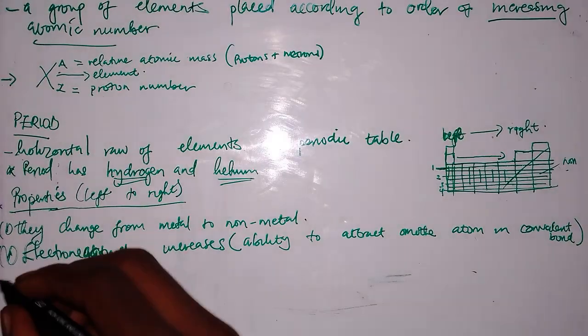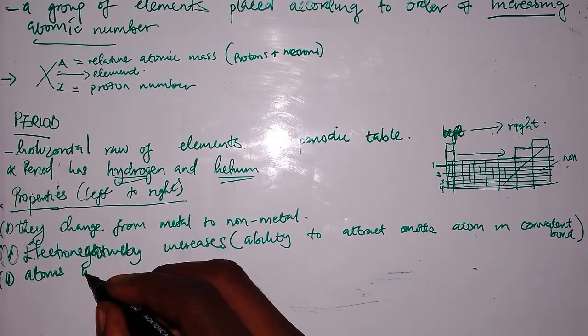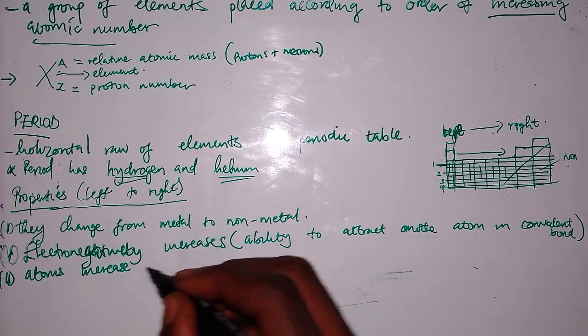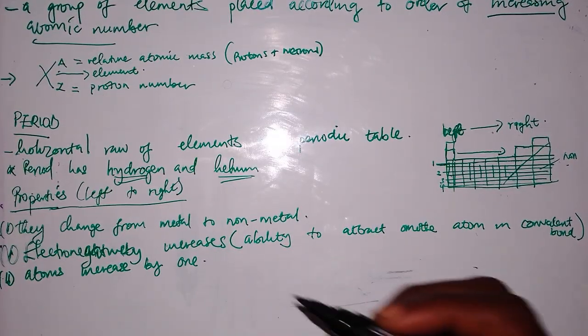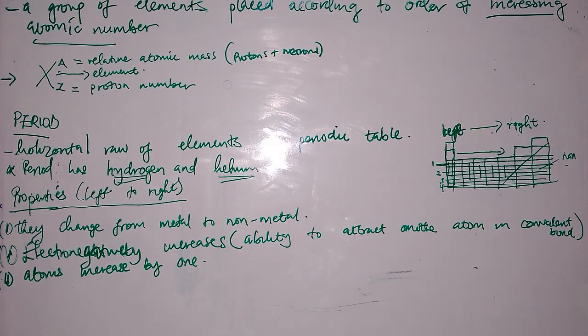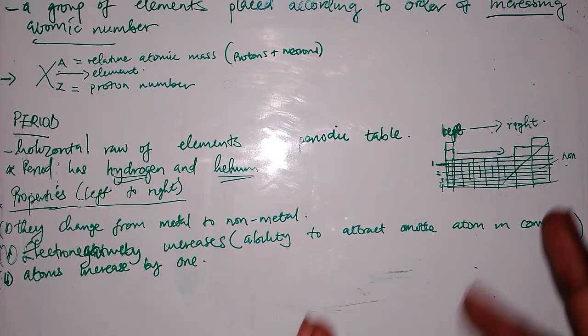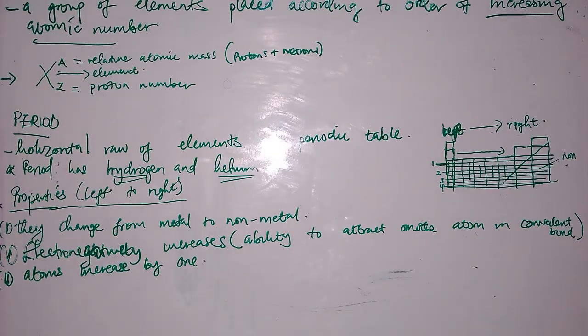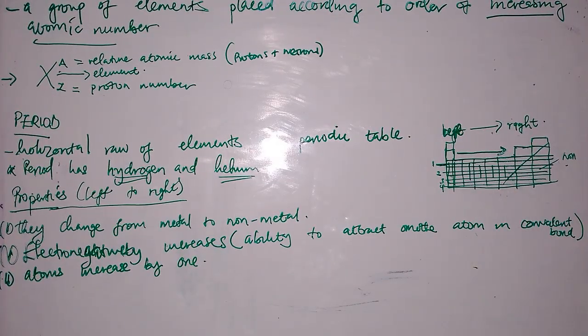Yeah, so the next one is atomic number increases by 1. So what do we mean? The atomic number increases by 1. So as you are moving from left to right on the periodic table, you will notice that the atomic number, or the number on top of the element, will be increasing by 1.